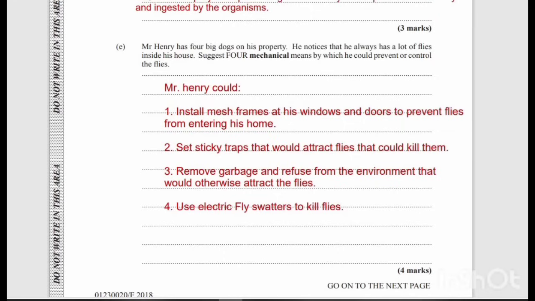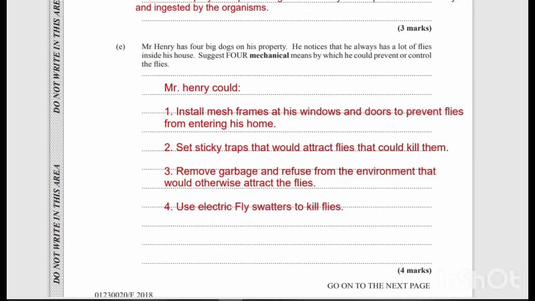So Mr. Henry could, for one, install mesh frames at his windows and doors to prevent the flies from entering his home. He could also set sticky traps that would attract the flies and could kill them. Three, he could remove garbage and refuse from the environment that would otherwise attract the flies, so clean up. And the last thing, he could use electric fly swatters to kill the flies.